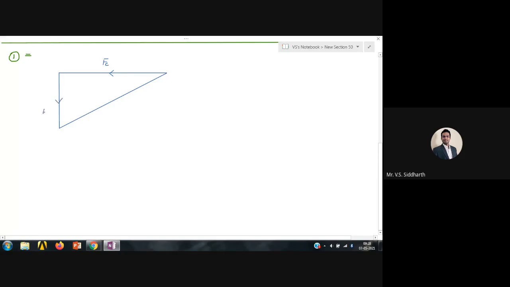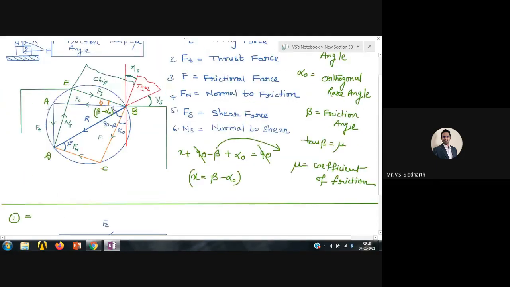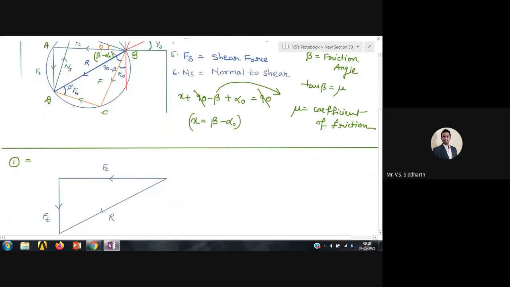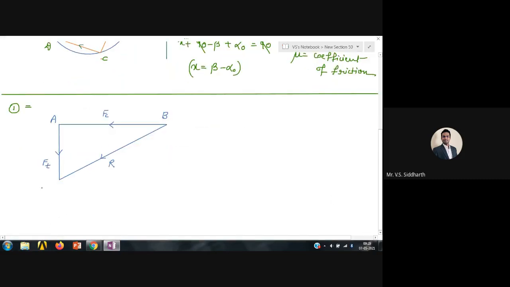This will be Ft. This will be the resultant. What was the name of the triangle? It will be ABD. So I will write A, B, and here I will write D. What was this angle? Beta minus alpha naught.